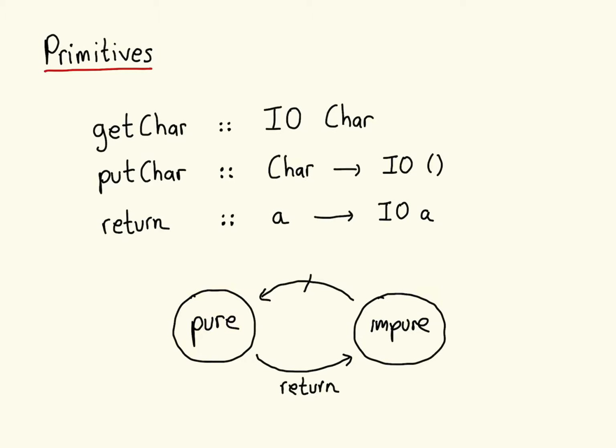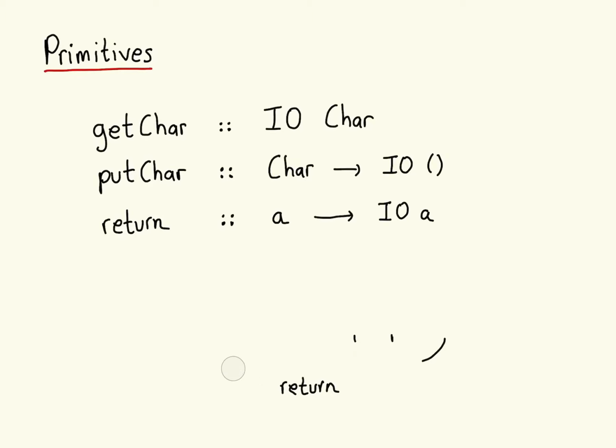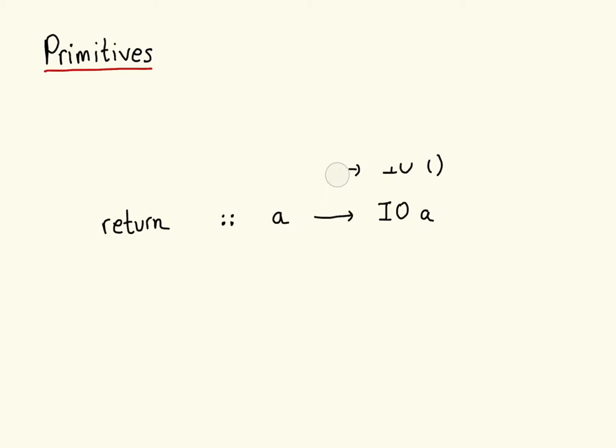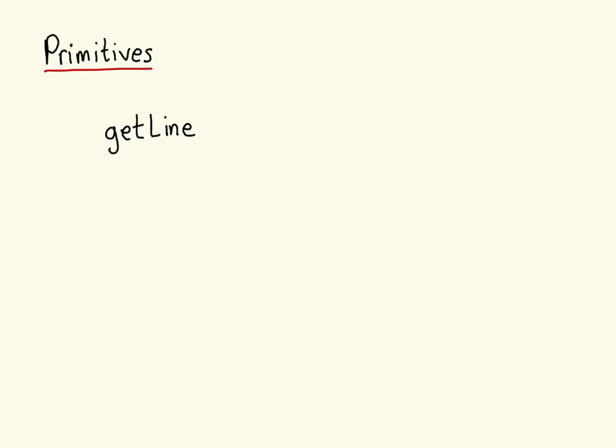So that's it for the 3 basic primitives. And then what we saw last time is that using these 3 primitives, you can bootstrap or derive a number of other useful library functions. So let me show you a few of these again, because we'll be using these today when we do our live coding. The first thing we bootstrapped last time is a little primitive called getLine. What getLine does is it simply reads a string of characters from the keyboard.